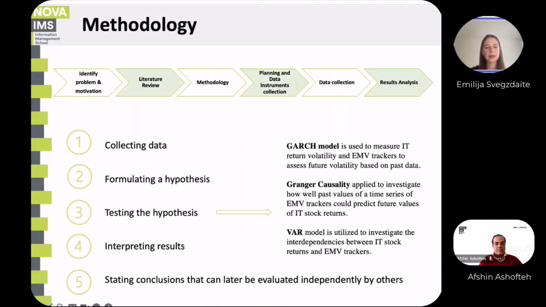First, I formulated 3 hypotheses in my thesis, and to accept or reject them, I used different models. I chose the models based on the literature review and after testing and failing many times. The GARCH model was selected for its ability to effectively capture how volatility behaves in financial data.